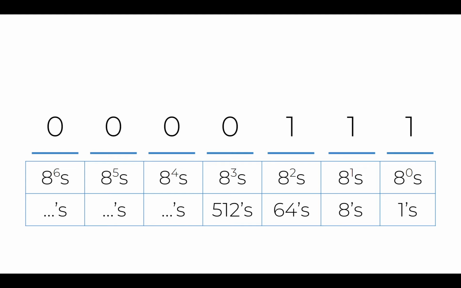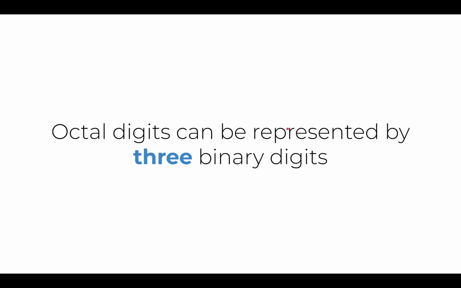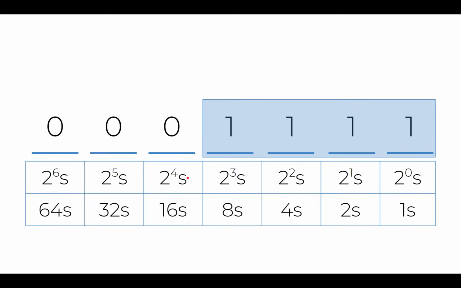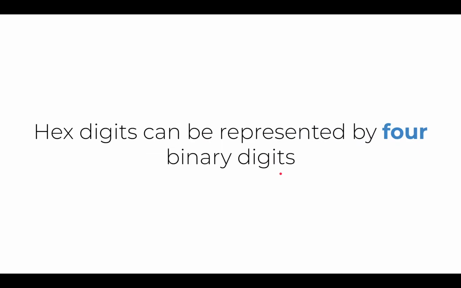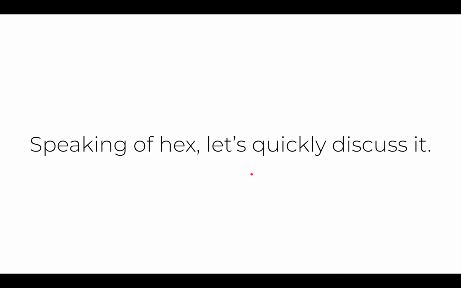Binary, you can only use 0 and 1. So a key trick here is that octal digits can be represented by 3 binary digits. So you can go from binary to octal pretty quickly. Hex digits can be represented by 4 binary digits.